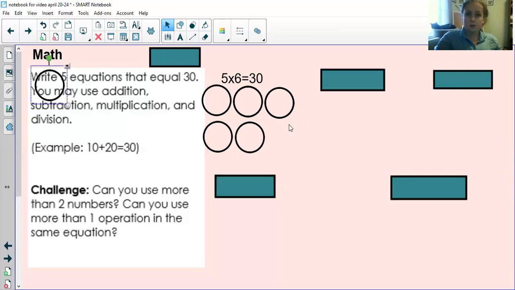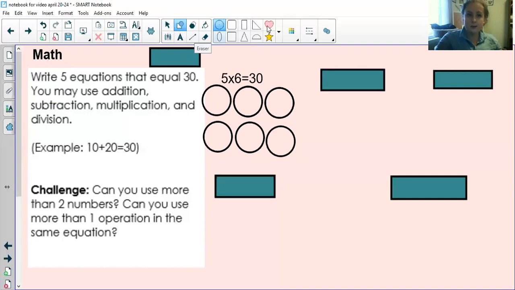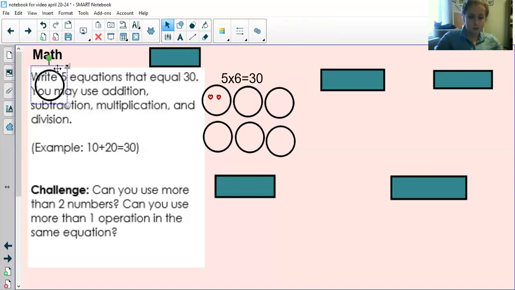Okay, and then you could do 5 in each. So what you could do is, let's see, I'll do 1, 2, 3. Sorry, friends, this is hard to use without actually having a smartboard. So bear with me. There we go.